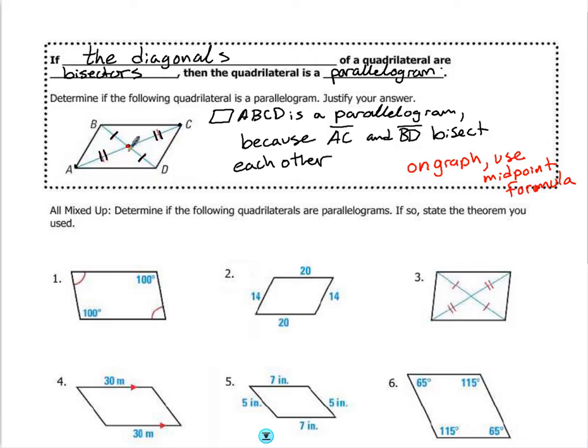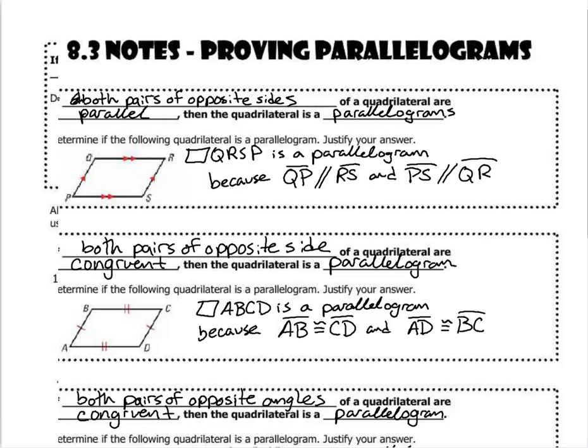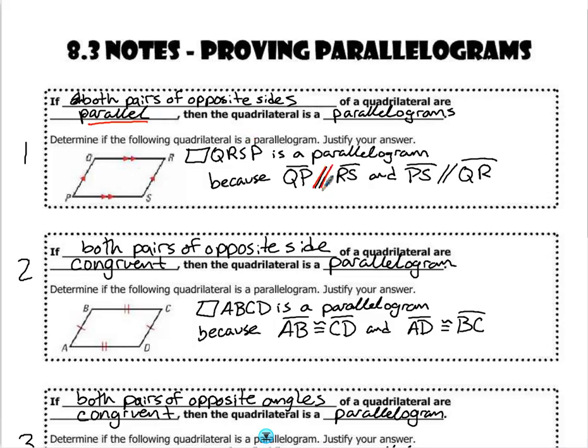So let's flip back to the previous page for one second. When we're talking about lines being parallel on a graph, to determine if two lines are parallel, you're going to use the slope formula, because if the slopes are the same, then you know the lines are parallel.